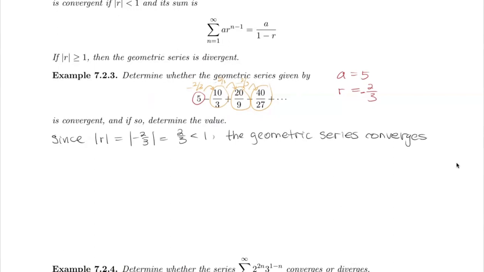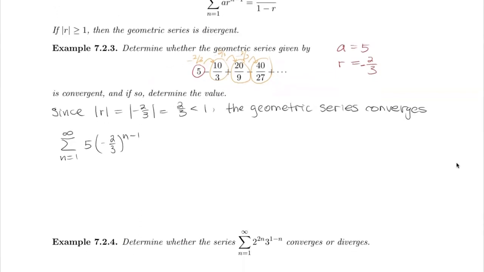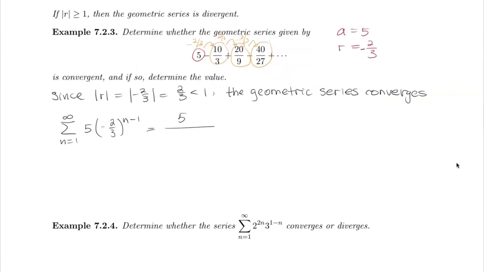All right, so when we have that, a is equal to 5 and r is equal to negative 2/3, that means the infinite sum of 5 times negative 2/3 to the power n minus 1 is going to equal the first term, which is 5, divided by 1 minus negative 2/3.